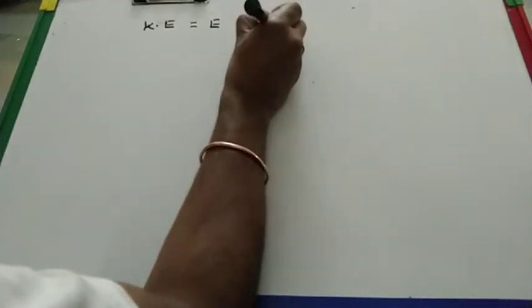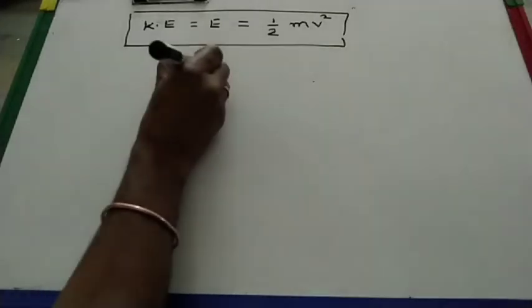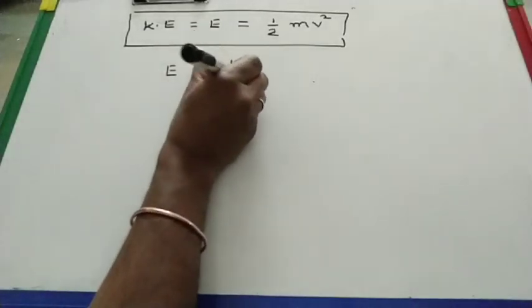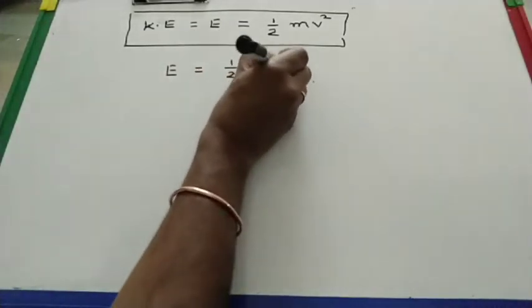Therefore, the kinetic energy is equal to 1 by 2 mv square. This is the required equation, or energy is equal to 1 by 2 mv square.